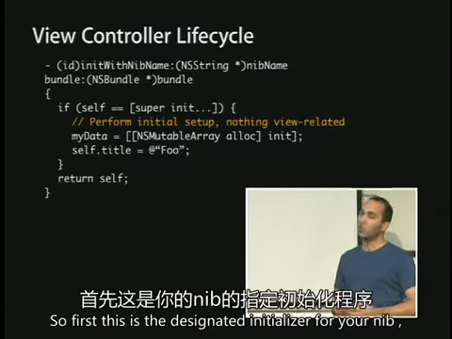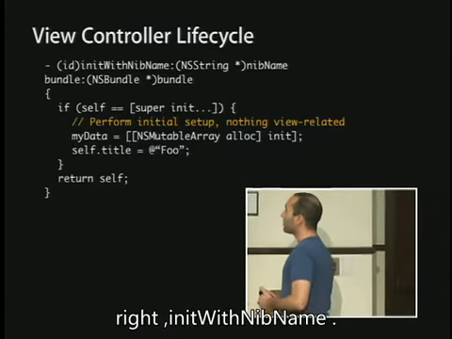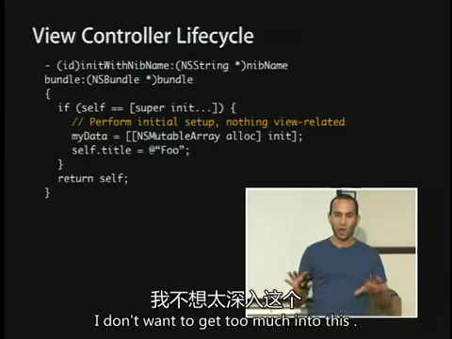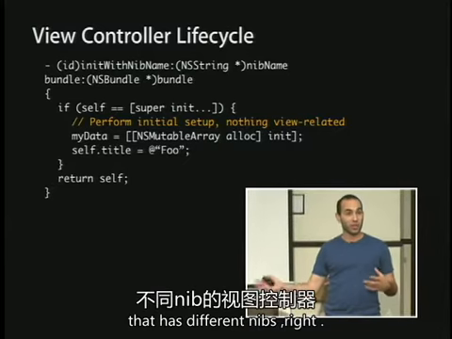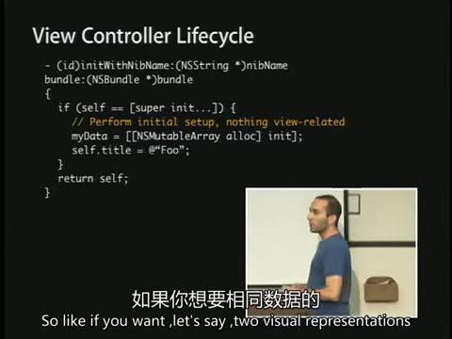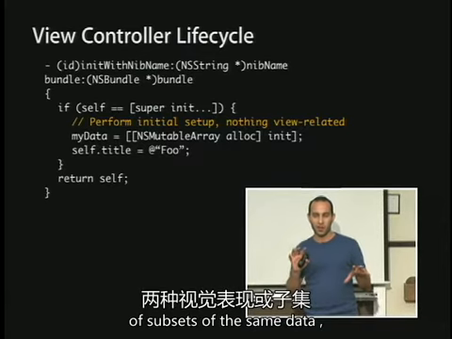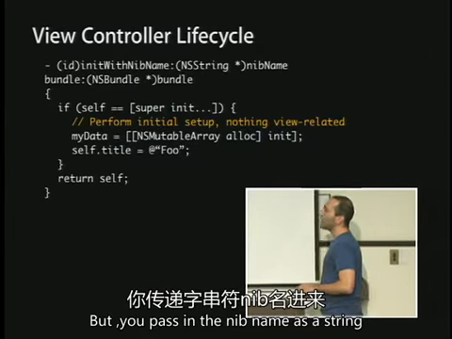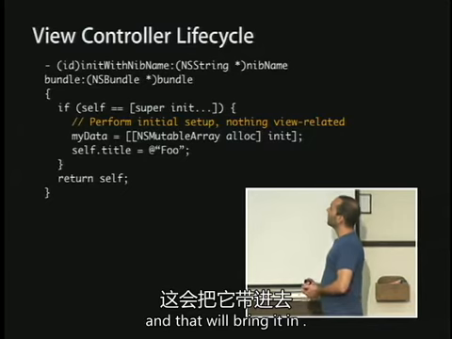So first, this is the designated initializer for your nib, right? initWithNibName. Now what this does is it allows you to create a view. I don't want to get too much into this, but you could create a view controller that has different nibs, right? So if you want, let's say, two visual representations or subsets of the same data, let's not worry about that too much. But you pass in the nib name as a string, and that will bring it in.